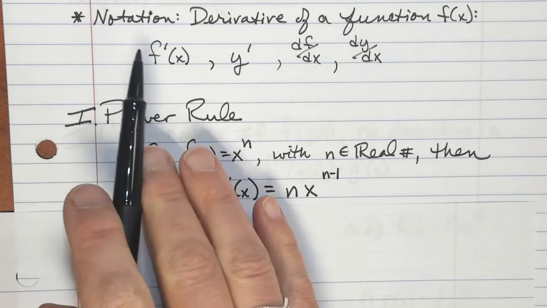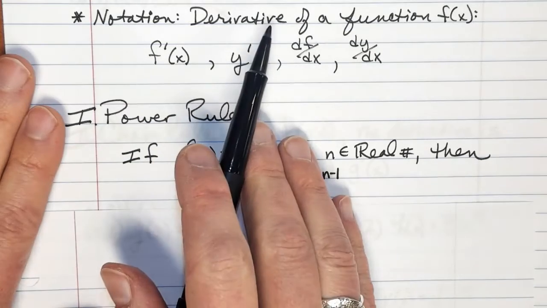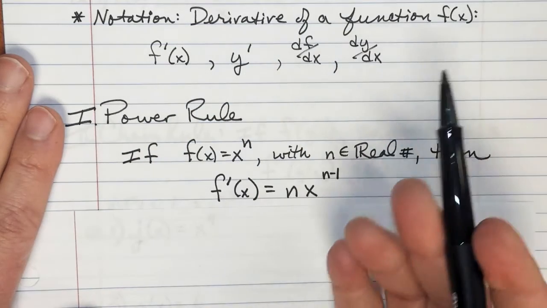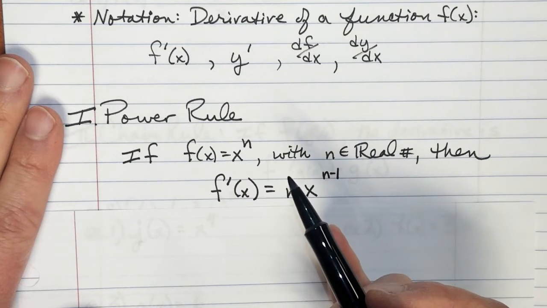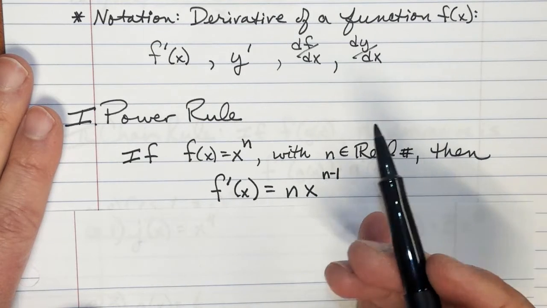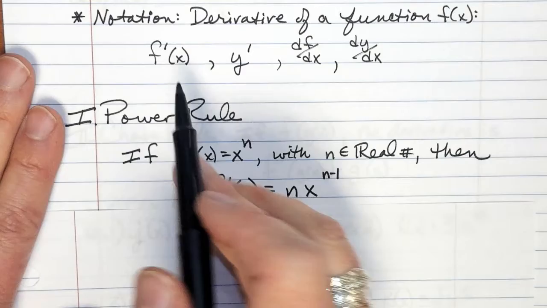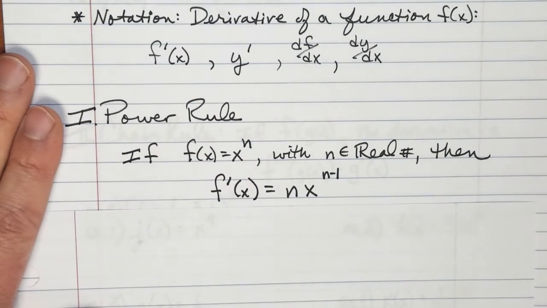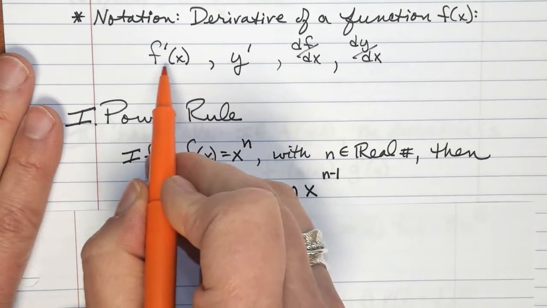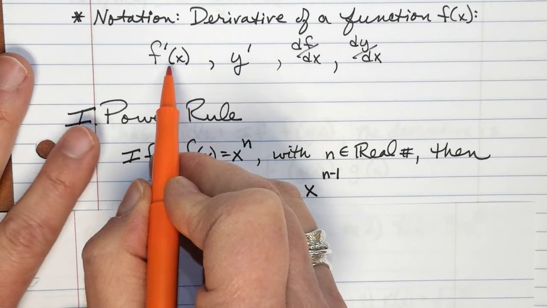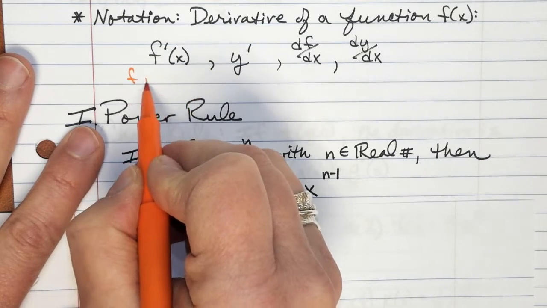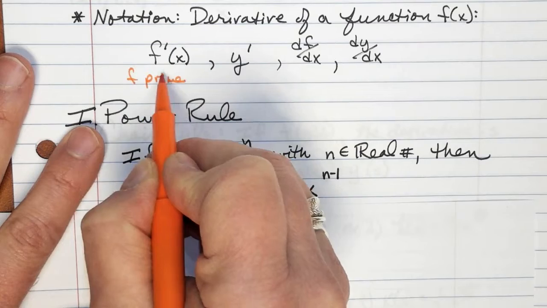So when you have the notation for a derivative, there are many different ways you can do it, and it will depend upon the author of the book or your professor, your teacher, how they want you to write it. But a lot of times this is what you will see in our book usually, and you would read that as f prime, or the derivative of f.